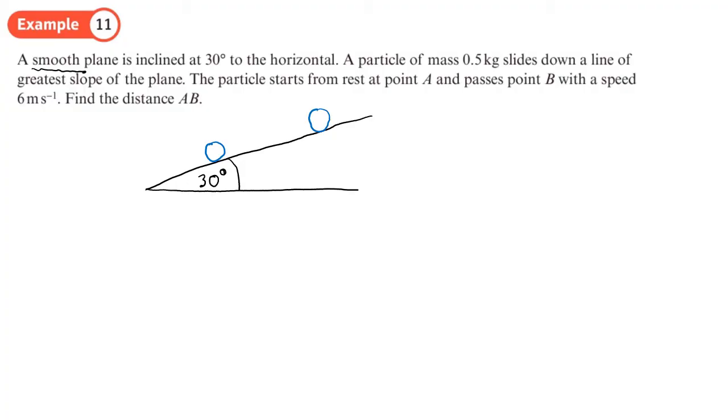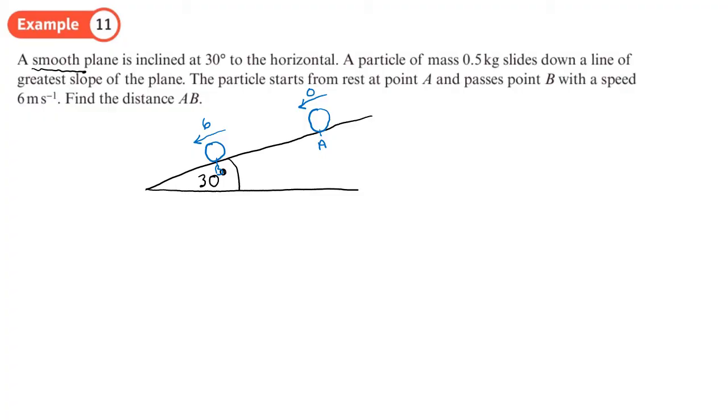So let's call this point A, this point B, and it starts from rest, so this is going to be 0, and then here it passes with a speed of 6, and we want to find that distance from A to B.